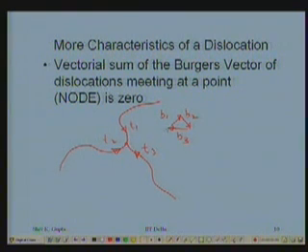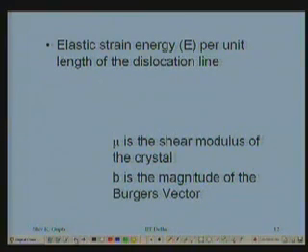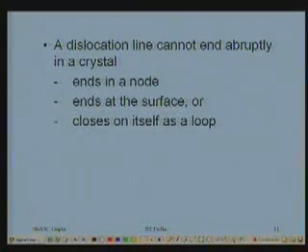You start from here, B1, add to it B2, add to it B3, and you come back, the vectorial sum is 0. That's the meaning of it whenever there are dislocations meeting like this. Another important thing which I've talked about, the dislocations meeting in a node inside a crystal, because they could be curved linear lines and they usually do form a jungle of dislocations in the crystal. A dislocation line cannot end abruptly in a crystal.